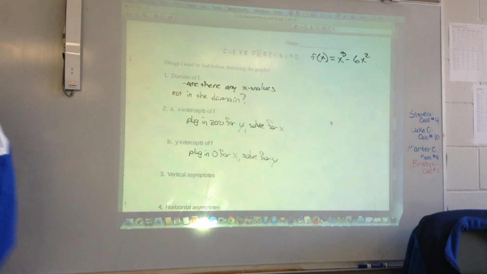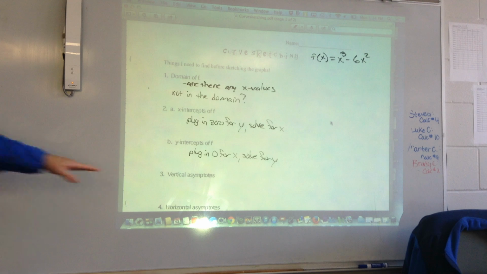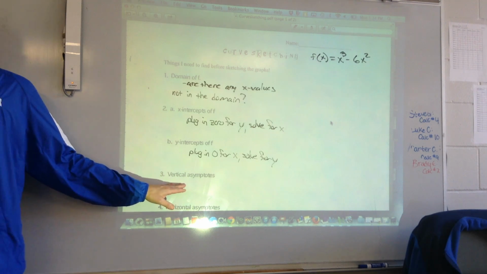Vertical asymptotes. How do you know when something has a vertical asymptote? Find the limit of infinity or negative infinity as x approaches whatever makes the bottom equal 0. What you said was correct. Visually, most people are probably going to think what he said: whatever makes the denominator 0. Whatever makes only the denominator 0.